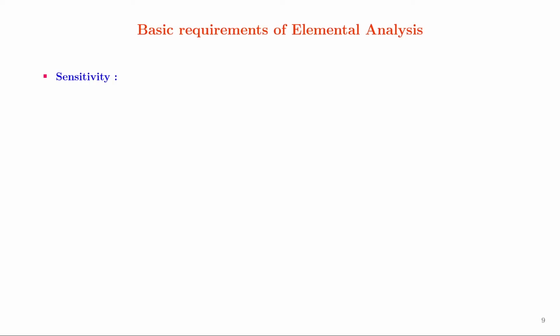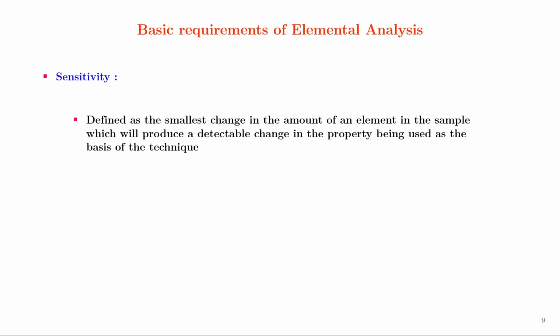The basic requirements of elemental analysis. The main requirement for any elemental analytical technique, of course, is the sensitivity. This may be defined as the smallest change in the amount of an element in the sample, which will produce a detectable change in the property being used as the basis of the technique.